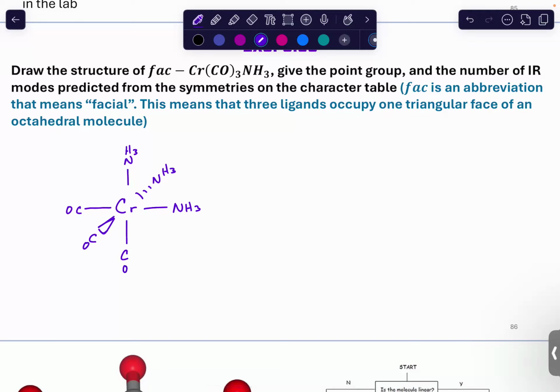I keep wanting to do that. Oopsie. So this is the way I did it, which is the same idea you have. You've just rotated yours so that you have one triangle up, one triangle down. Another way you could look at it, we could do that. So we're drawing a staggered configuration.